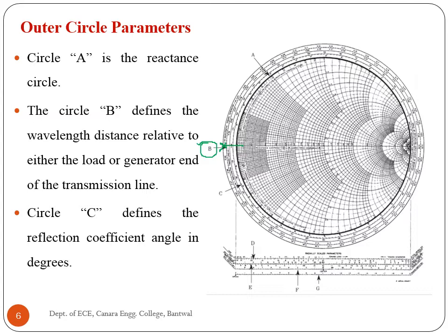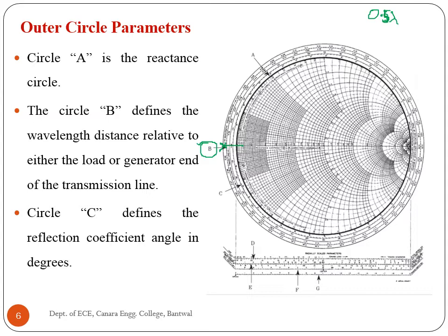In other words, starting at the 0 point and traveling 360 degrees around the circle brings you back to 0, which represents 1/2 wavelength or 0.5 lambda.